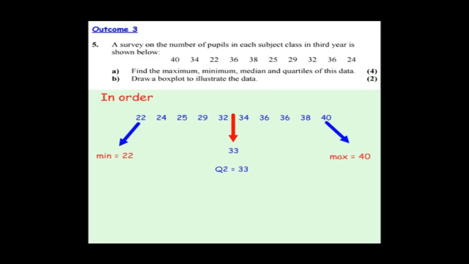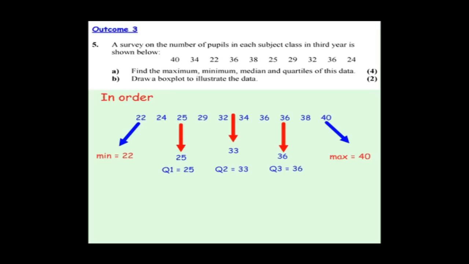To find the lower quartile, there's 5 numbers below the median, so there will be a particular value on its own in the middle, and that value will be 25. So Q1 is 25. There's 5 numbers above the median, so the one in the middle will give the upper quartile. So 36 is the upper quartile Q3.